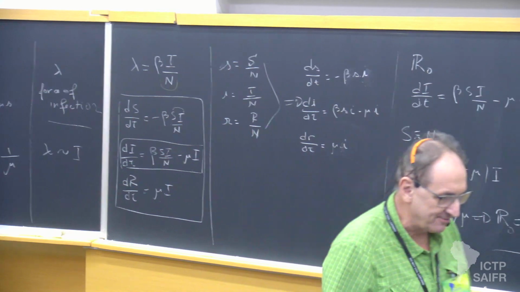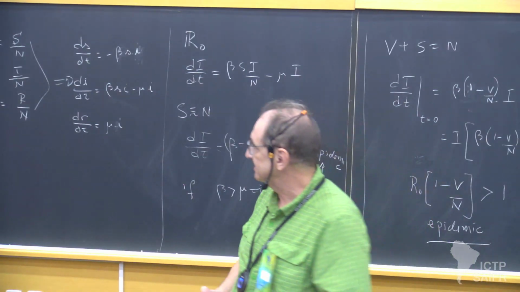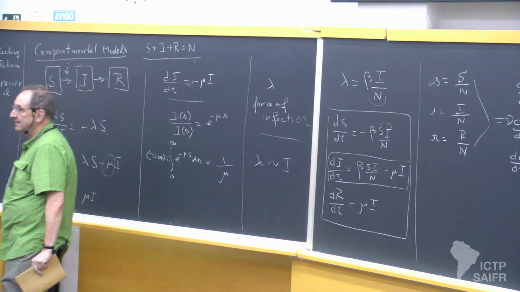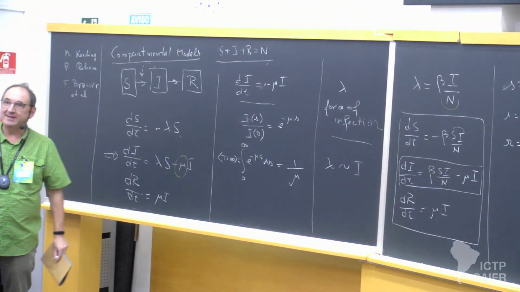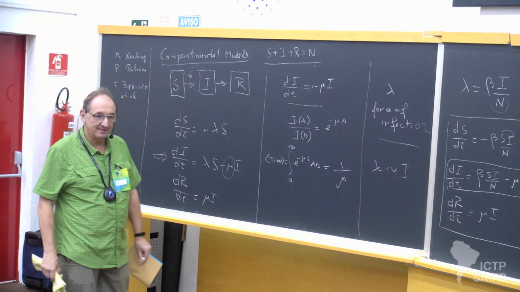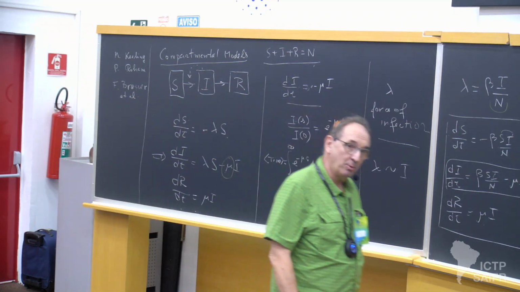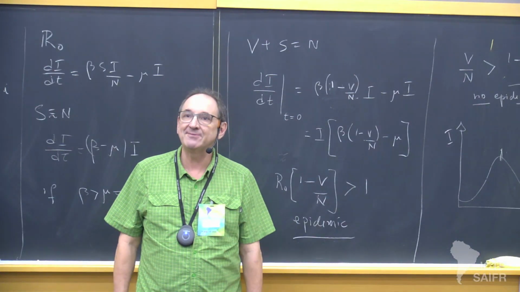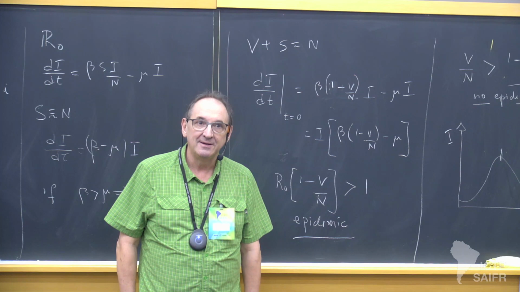Now, we can also get something very interesting from the SIR model without solving any equation, which is to obtain the equation for the final size of the epidemic. So what's the final size of an epidemic?